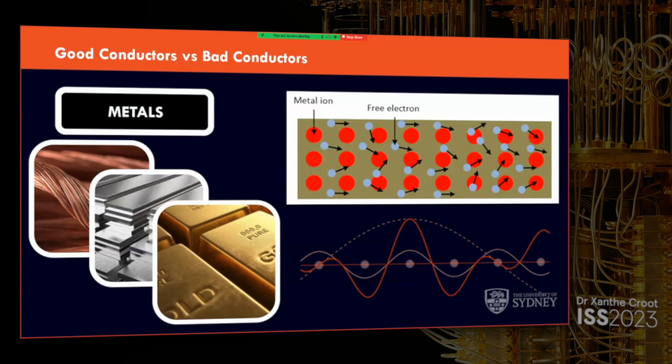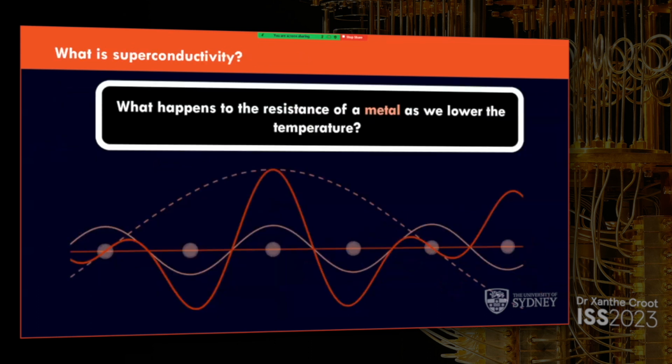If you look at this image here, you've got your lattice ions, and each of these waves is a different state that the electrons can occupy as they move through the metallic lattice.